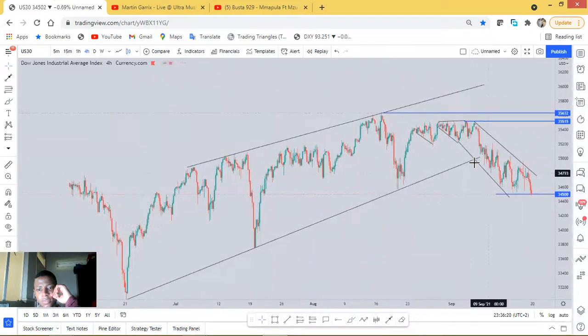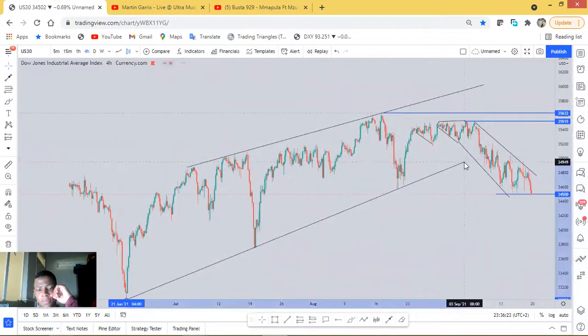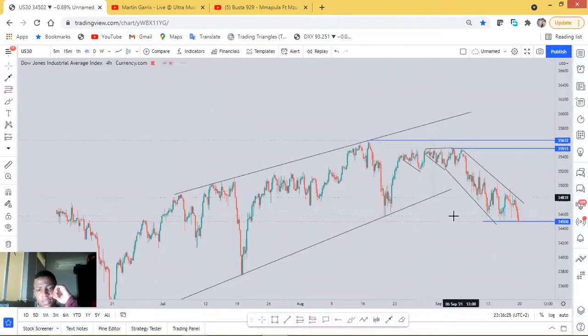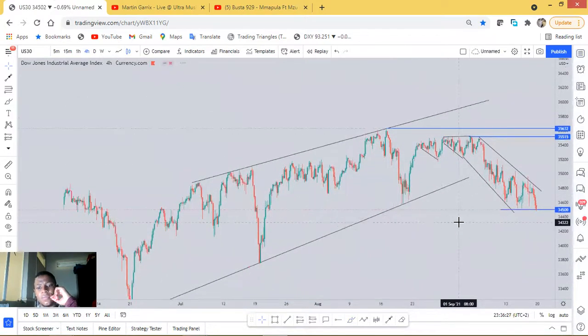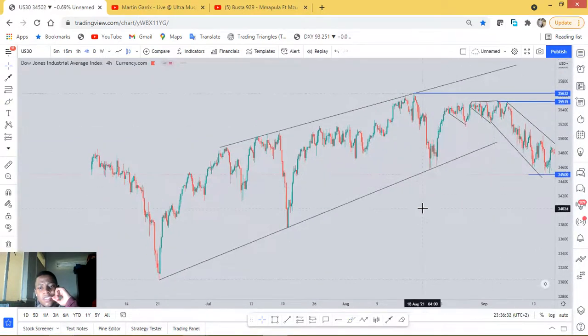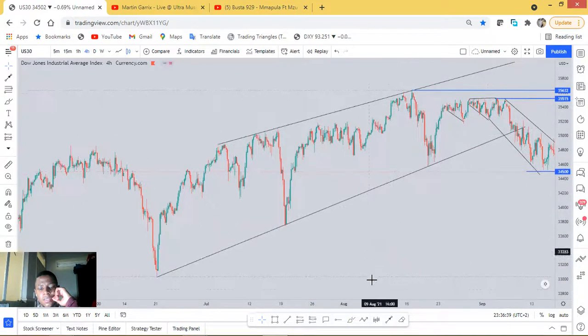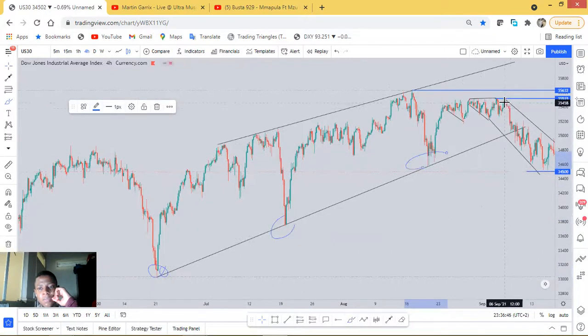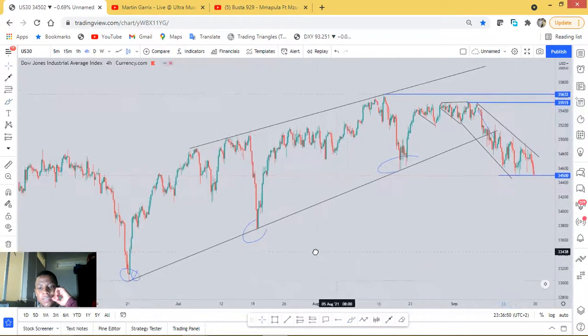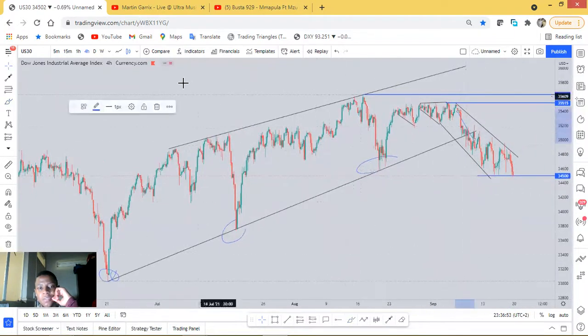It's a bit complex. So initially what we had last week or 2 weeks back, we had this trend line that was pushing the market up. Look how it broke it, and it keeps on correcting it. It broke it correctively, and it keeps on moving correctively.